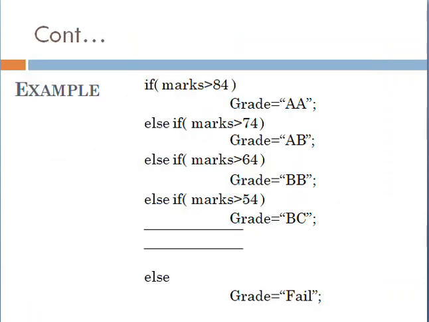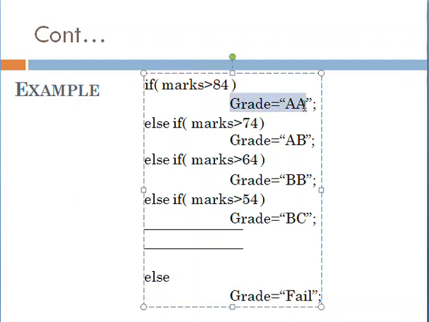statement. The example is a grade system. Suppose the marks are less than 84%, then we award the grade AA. Similarly, the next condition else if 74, then 64, then 54.